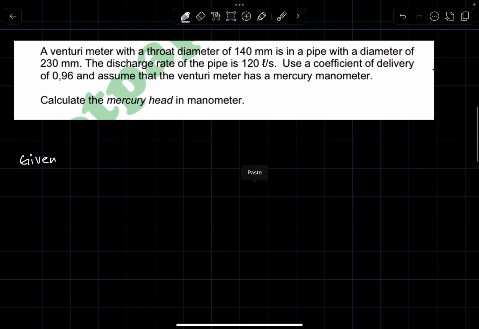They said Venturi meter with the throat diameter of this. So we have the throat diameter. Throat diameter is D2. And then the pipe diameter is 230, which means D1 is equal to 0.23 meters. And then throat diameter, so D2 is equal to 0.14 meters.